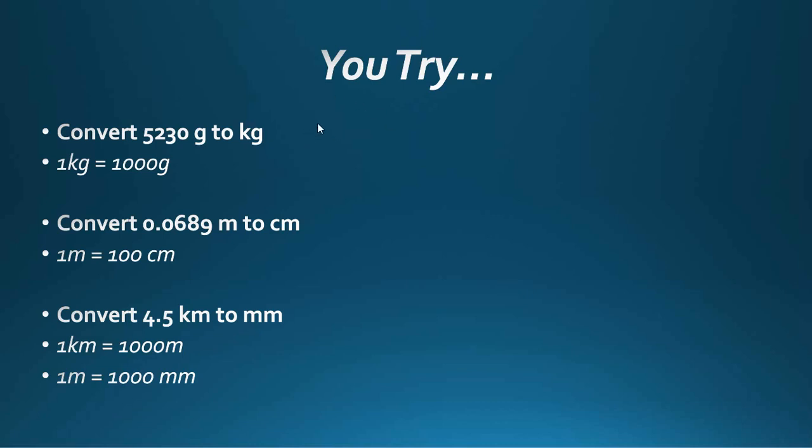So this first one, again, we start with our known quantity, 5,230 grams. We want to convert that to kilograms. We know that 1 kilogram is equal to 1,000 grams. That is given. So we set up our goalposts. Grams goes down here because we want that to cancel. Kilograms goes up here. That's our desired unit. There are 1,000 grams in 1 kilogram.